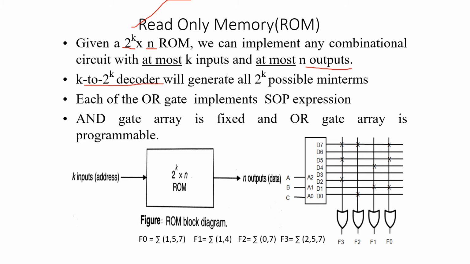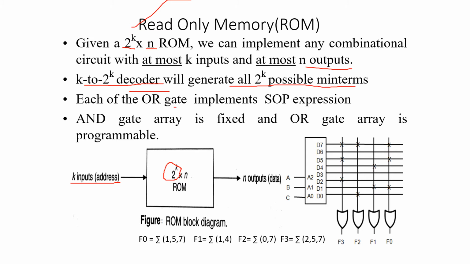To select any one of 2 power k memory locations, k inputs are required. To select 1 among 2 power k by using k inputs, a decoder is used. This decoder will generate all 2 power k possible minterms. That is the beauty of this decoder.